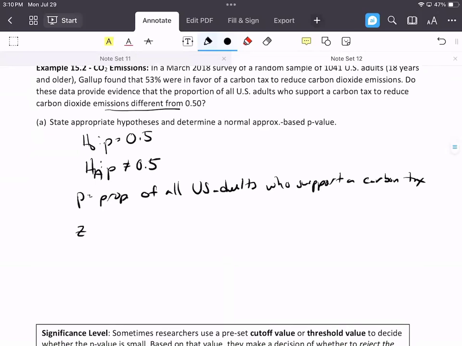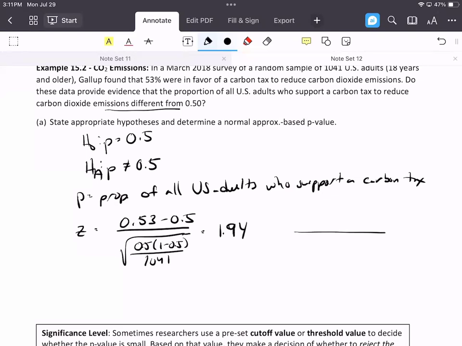So calculate the z-score. Remember, we always start with p hat there. And I'm just going to put this in the denominator. You can calculate this part separately. And we get 1.94. Remember, this is a two-tailed test. So we're going to look at 1.94.